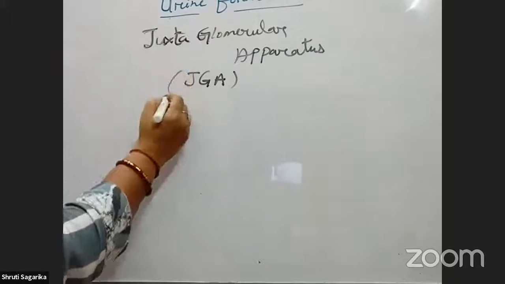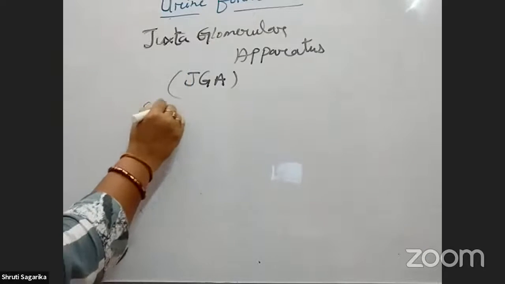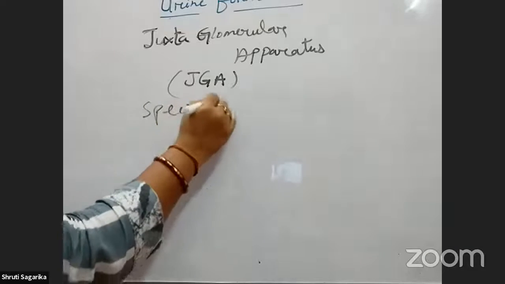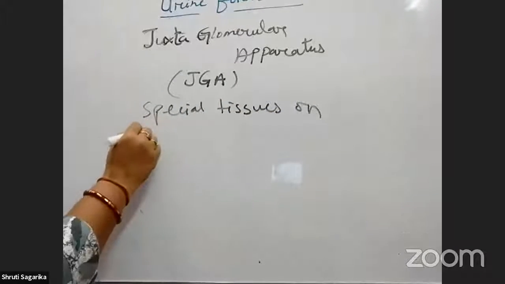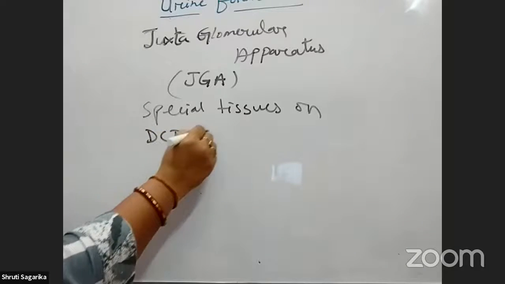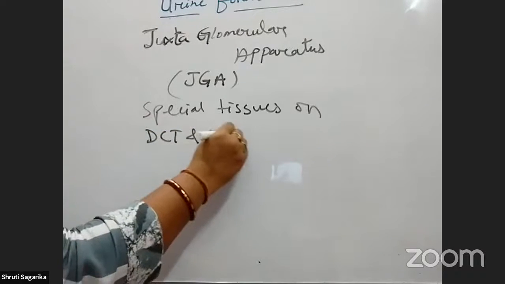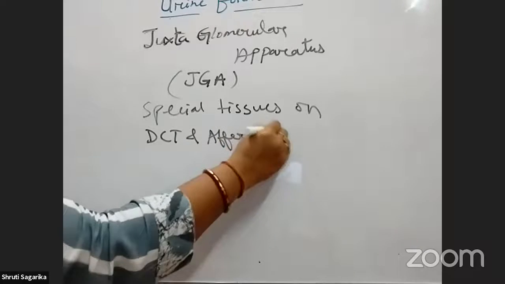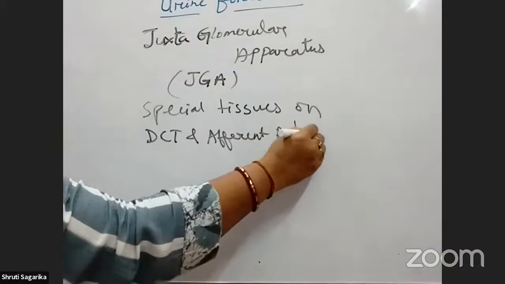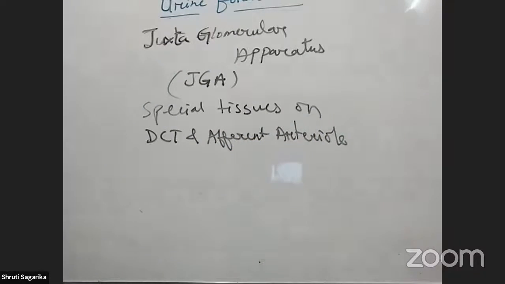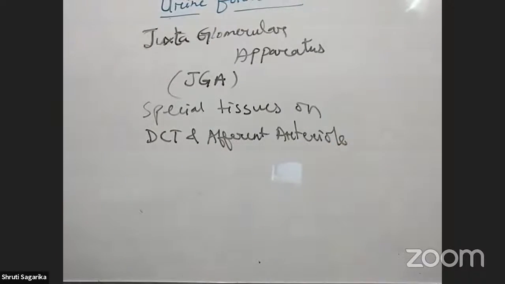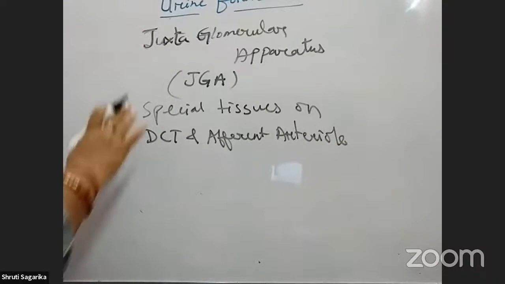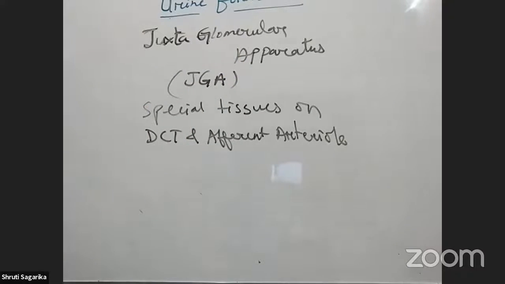So these are special tissues on the DCT and the afferent arteriole. That is the location for this juxtaglomerular apparatus.